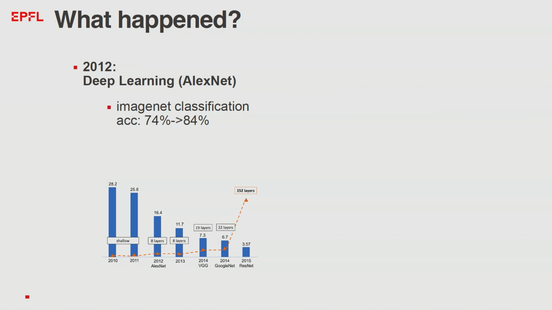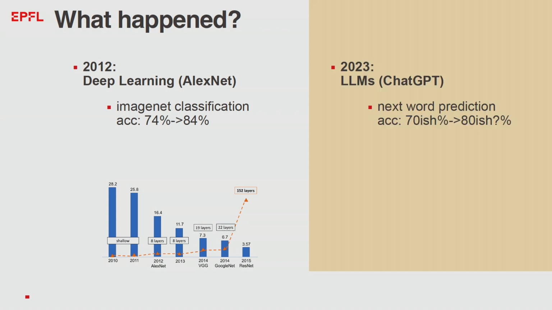The error rate became much lower suddenly when deep learning became practical, despite the fact that it was already conceptually there for many, many decades before, but then started to work. Then with ChatGPT, a similar thing happened again. We had a similar kind of accuracy increase, you could say, from predicting this next word, as I showed you. It's just slightly more accurate now than it used to be.